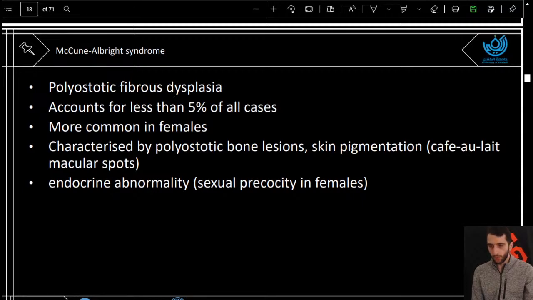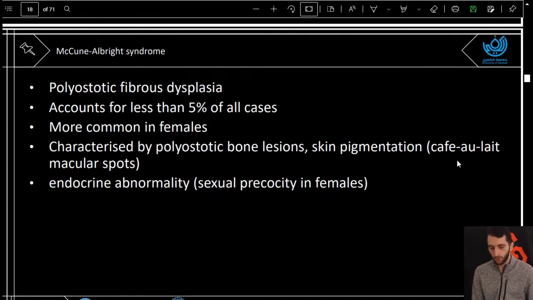This can be described as a fibrous lesion or a fibro-osseous lesion. Only 5% of cases are presented with Albright syndrome.